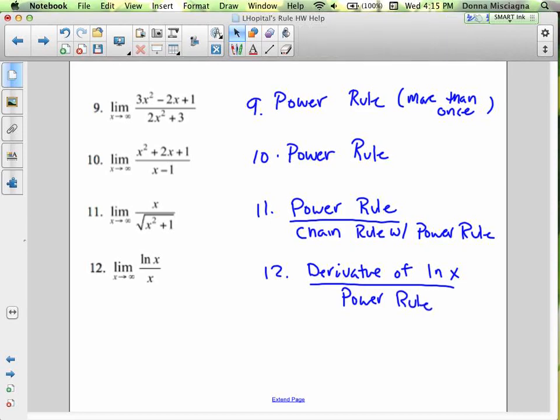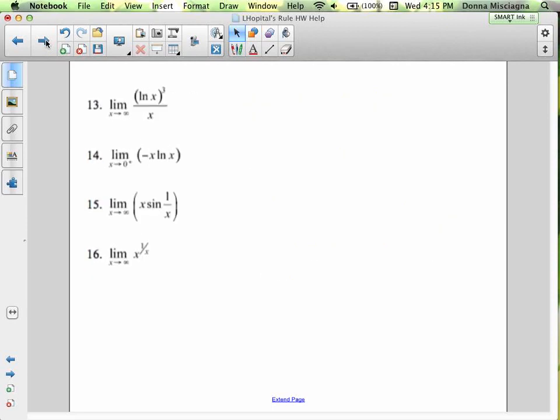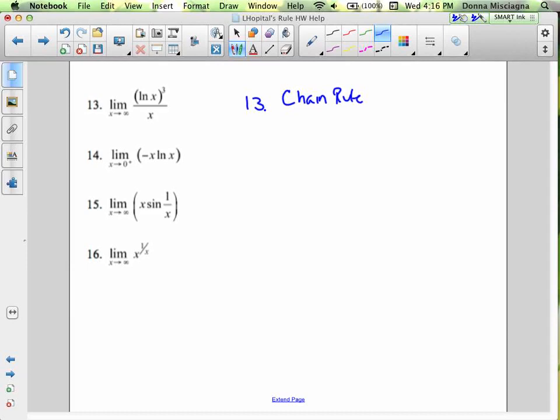All right, so let's look at the last bunch, or maybe the second to last bunch. I think there's another part. On 13, you have a chain rule in the numerator with natural log of x, with the derivative for natural log of x.